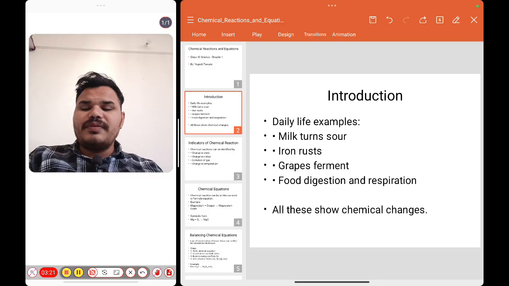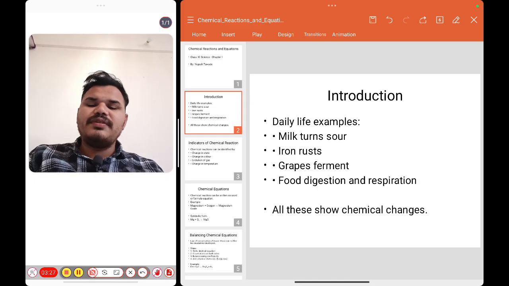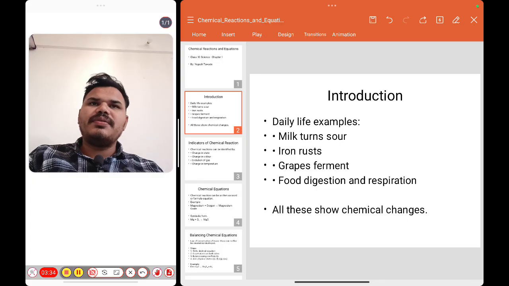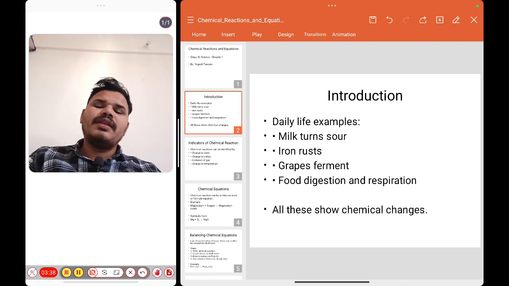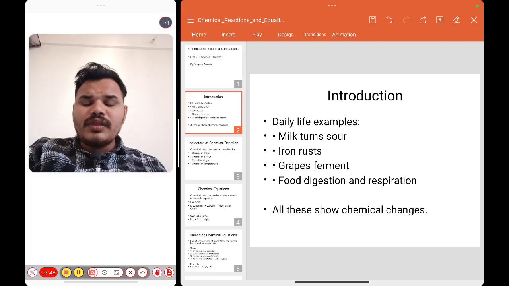After that you will get the products: the first is carbon dioxide that we exhale, the next is water molecules, water vapors, and the third, which is important, is the ATP form of energy, adenosine triphosphate, the energy molecule we get from that reaction. So all those things we are quite aware of, right?